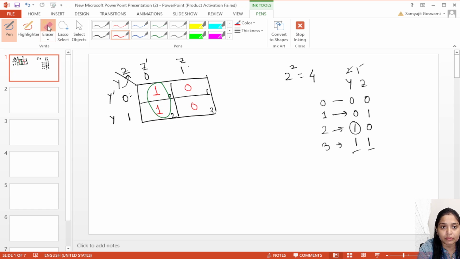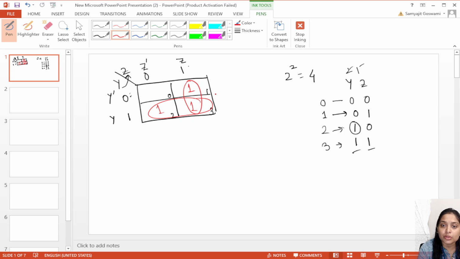Then again, here another 1 is there, so we can form another group, another pair here. Now I delete all this. I have taken 1 here also, so you can group here also. If there is a 1, you can take a group here also. In this way, various combinations you can make a pair.